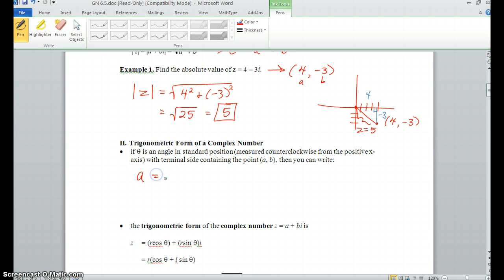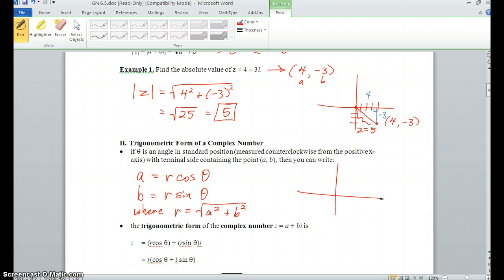You can write a as r times cosine theta, and you can write b as r sine theta, where r is equal to the square root of a squared plus b squared. So this relationship pops up again. And in essence, it does in fact relate back to the Pythagorean theorem. Let's graph it.